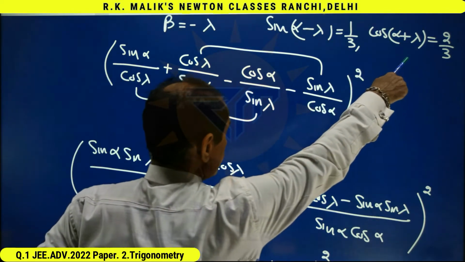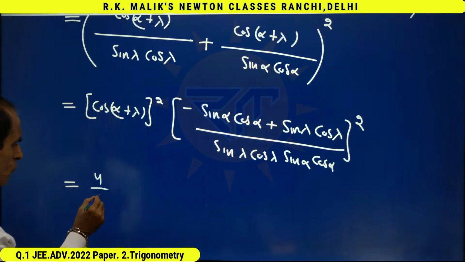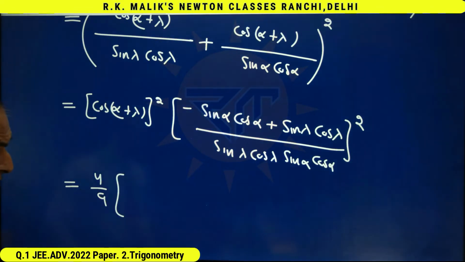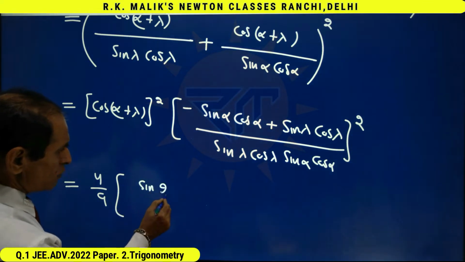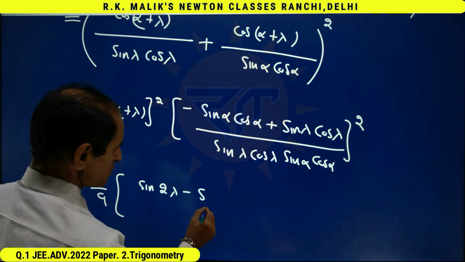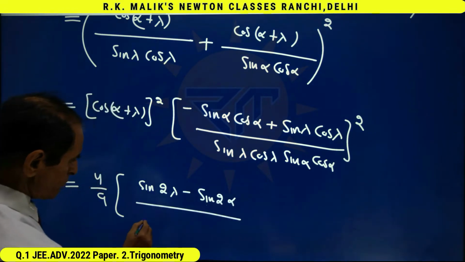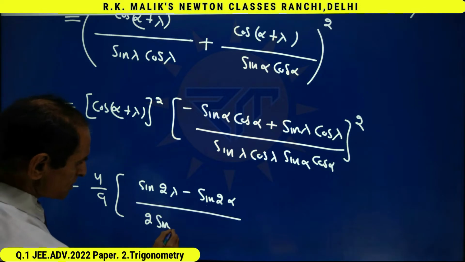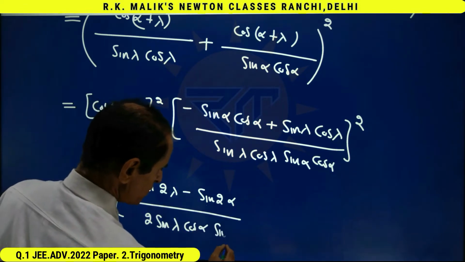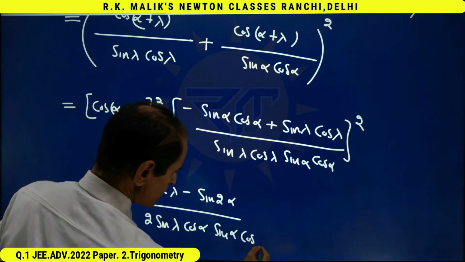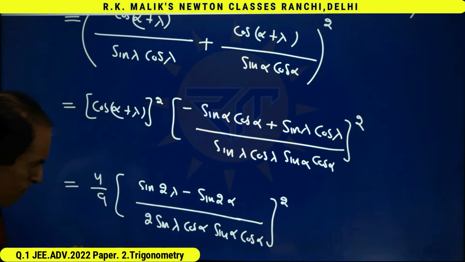And cos(alpha plus lambda) is 2 by 3, hence it can be written as 4 by 9. And further it becomes sin 2 lambda minus sin 2 alpha upon 2 sin lambda cos lambda sin alpha cos alpha whole square.